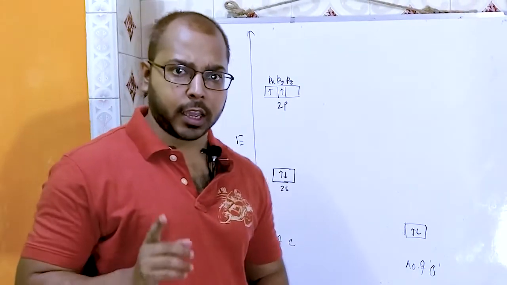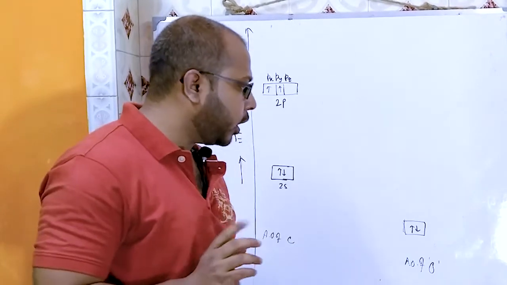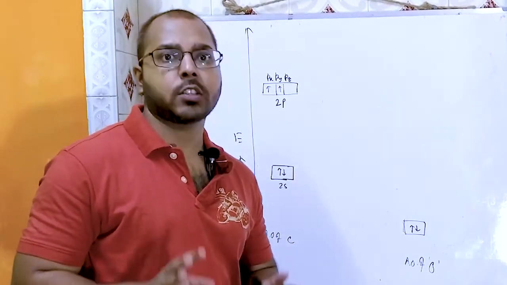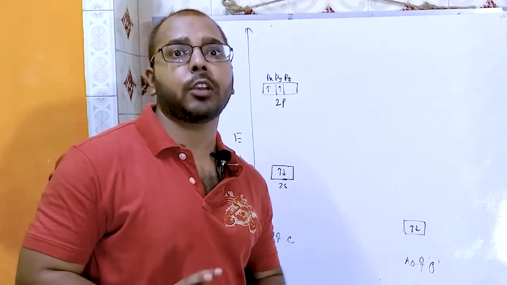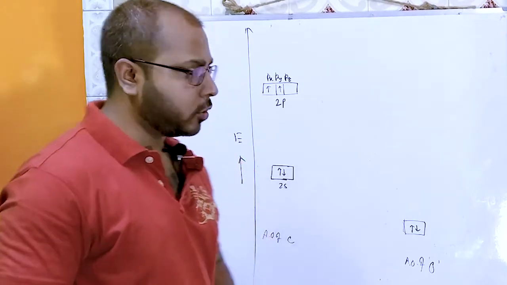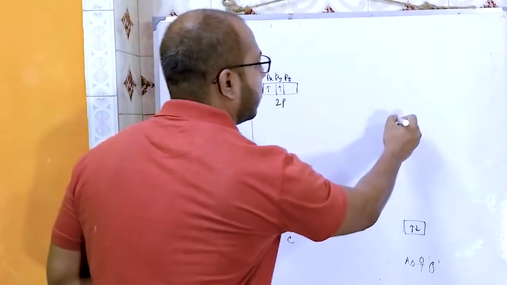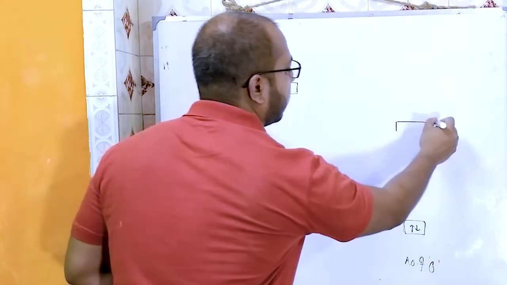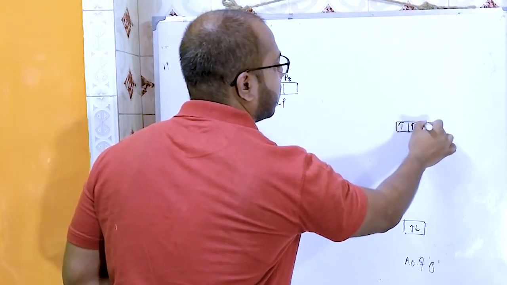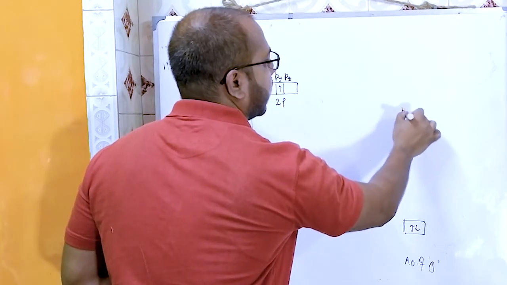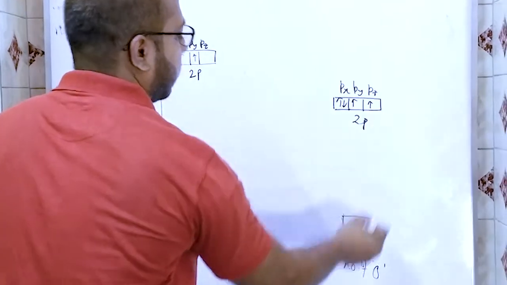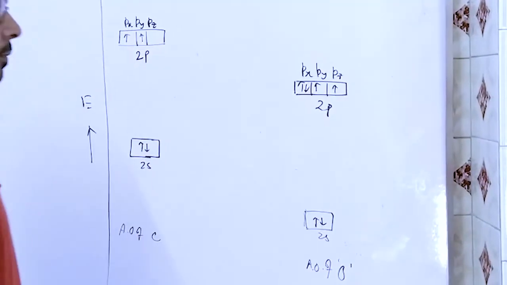I am repeatedly saying that 1s is not considered here because only the valence shell portion is being considered. Got it? So 2p of oxygen is also lower as it is more electronegative than carbon.